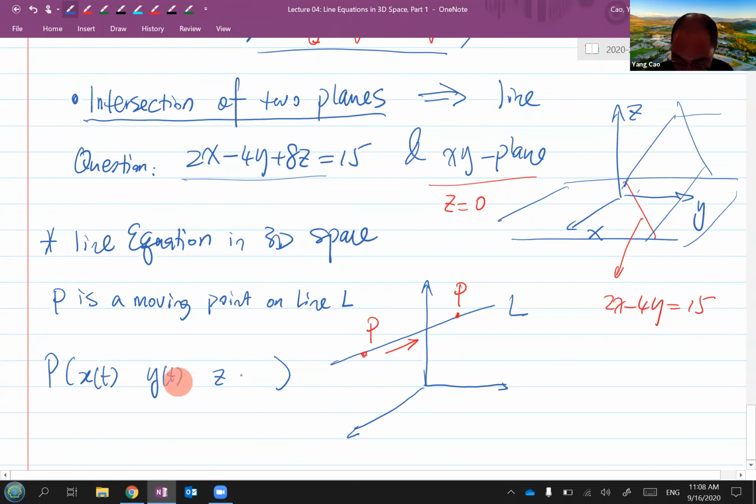So I can write each one of the coordinates as a function of T, or time.